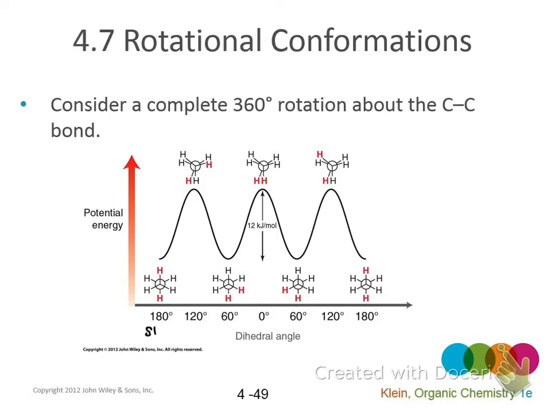This is staggered. And then at 120, it's eclipsed. And that pattern is all the ones that are at the top are eclipsed, and all the ones that are at the bottom are staggered. The difference in energy is about 12 kilojoules per mole.